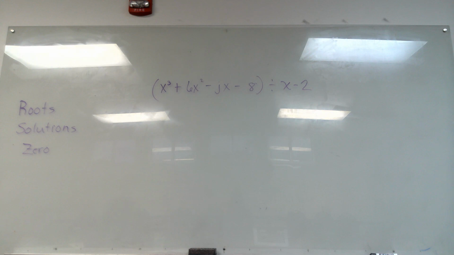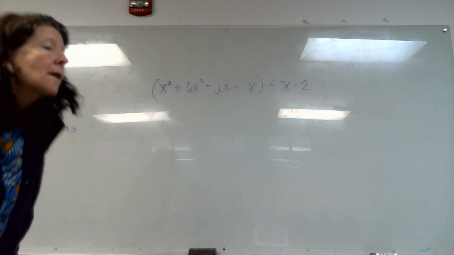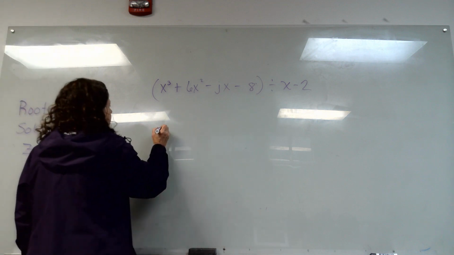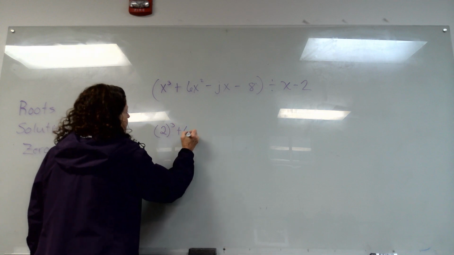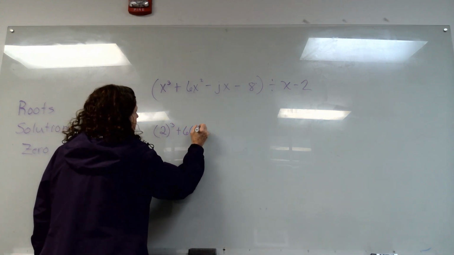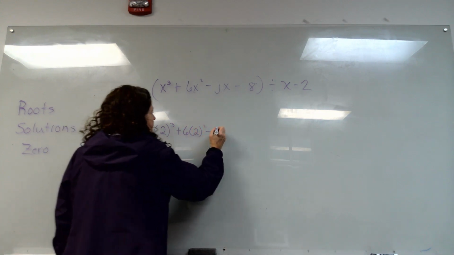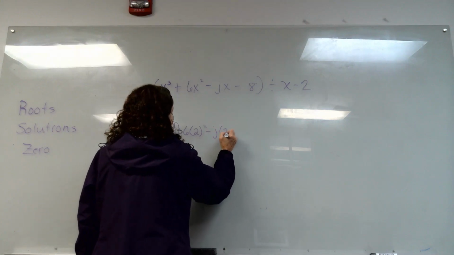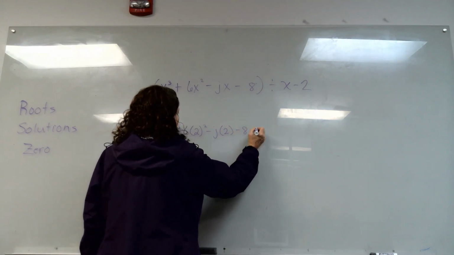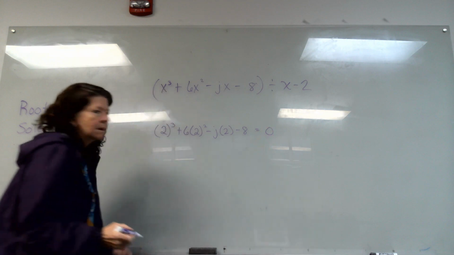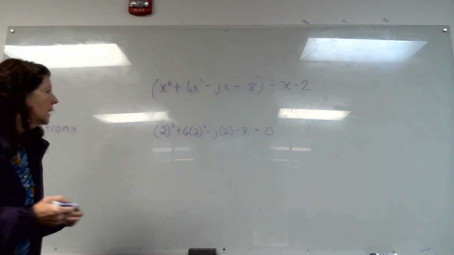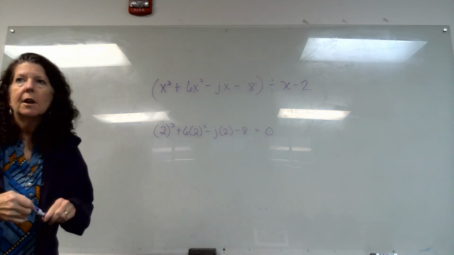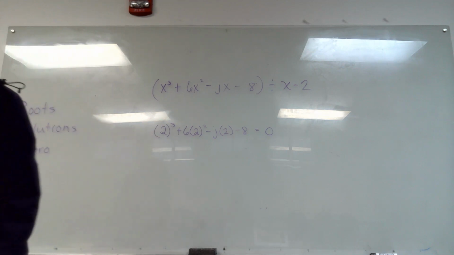So since it's a negative, positive. That's it. You're going to plug in the positive 2. Okay, that's what I have. Go ahead and proceed and solve for your j.